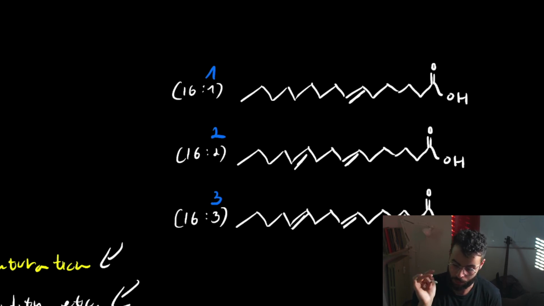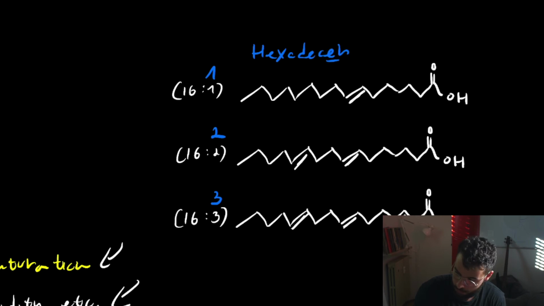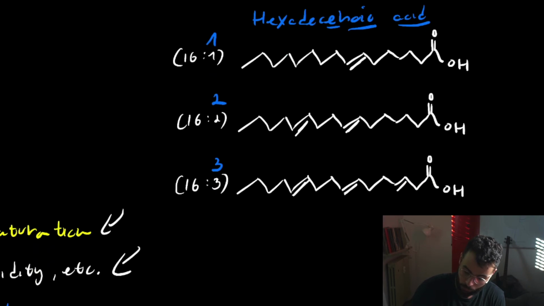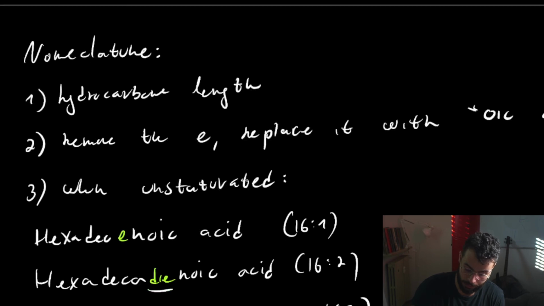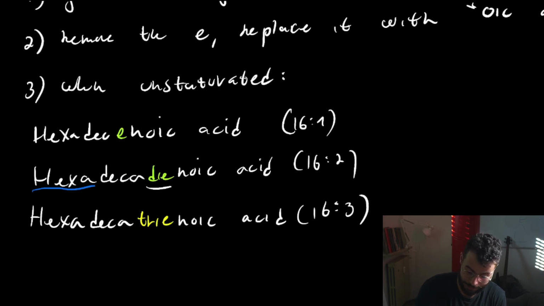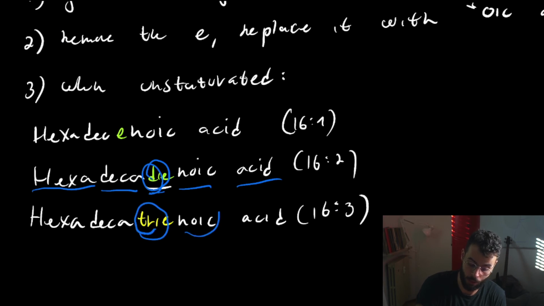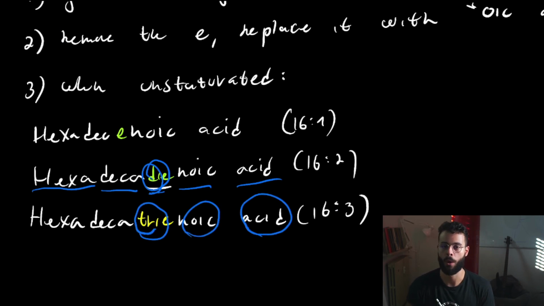But for now, know that when you have a single one, it's hexadecenoic acid. When you have two, it's hexadecadienoic acid. When you have three, it's hexadecatrienoic acid.